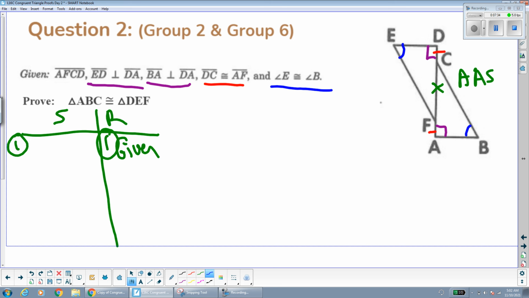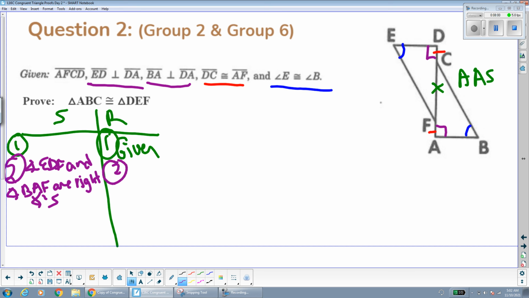So let me mention the conclusions that we drew. So first, we have the perpendicular lines. So we mentioned the right angles. So that's angle EBF and angle BAC or BAF are right angles.